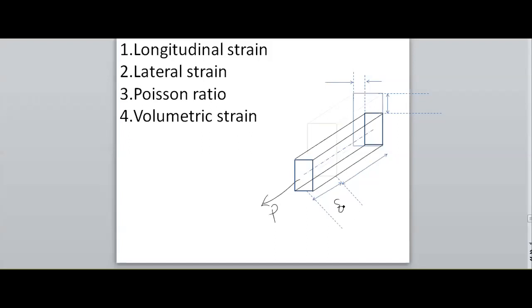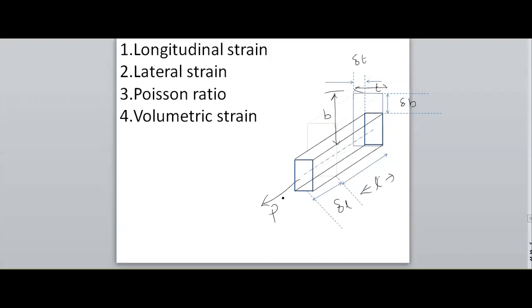That is delta L, delta B, and delta T. Initially it is B, and it is T, and this is L.